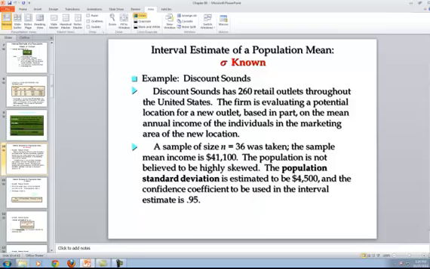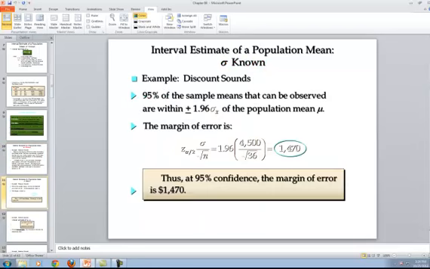If you will step back, do you remember what the critical z is for 0.95? Here it is. The critical z is 1.96. Hence, to construct a 95% confidence interval, we use the formula. And the calculation is shown as follows. So the margin of error will be 1,470.